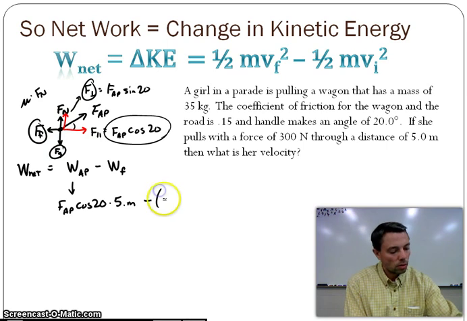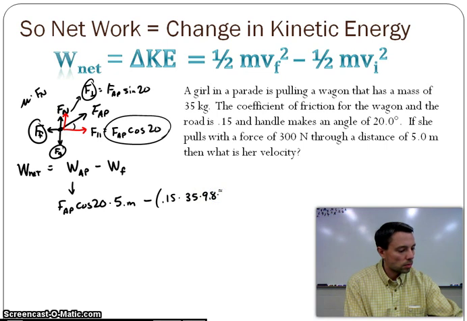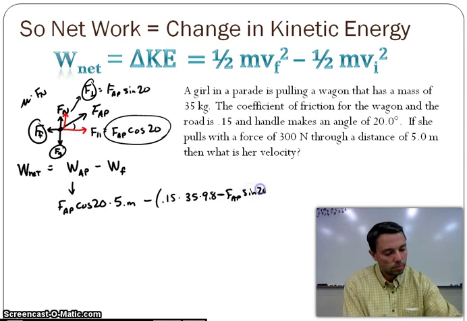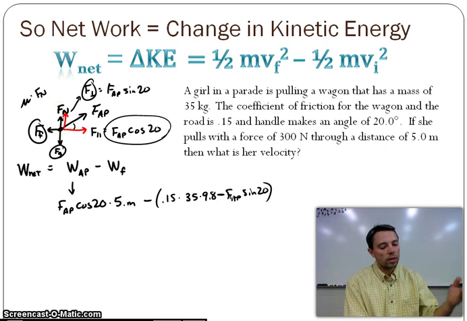So in other words, my coefficient of friction, 0.15, times my weight, 35 times 9.8, minus my force applied, sine 20. Okay, so again, I don't have as big a normal force because I'm lifting up a little bit. So this represents the lifting up a little bit.